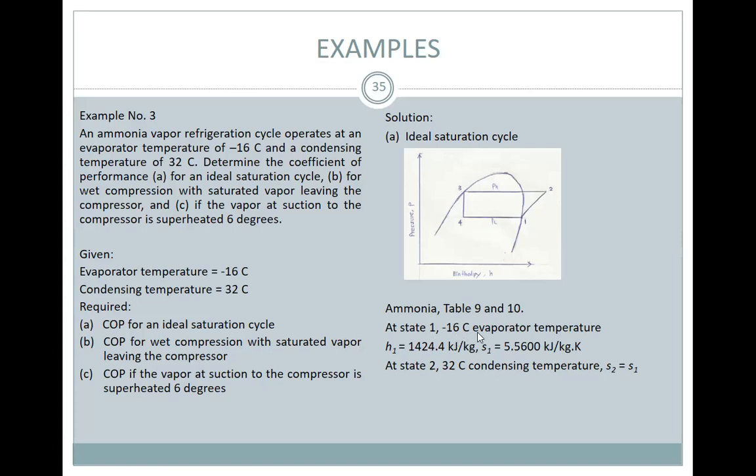At state 1, negative 16 C evaporator temperature, h1 is 1424.4 kJ per kilogram and s1 is 5.56 kJ per kilogram Kelvin. At state 2, at 32 C condensing temperature, s2 is equal to s1.